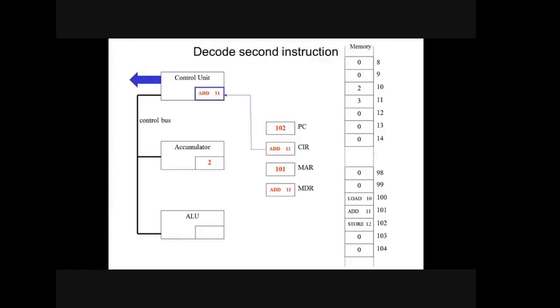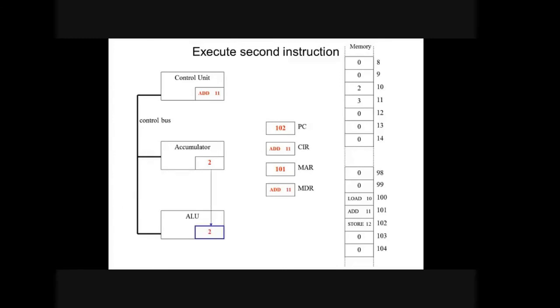So add 11 is passed to the control unit, various pathways are opened, and the control unit makes sense of the instruction. So this instruction says add the contents of memory location 11 to whatever's in the accumulator. So this is where the arithmetic and logic unit really comes into play. An add instruction is passed to the ALU.